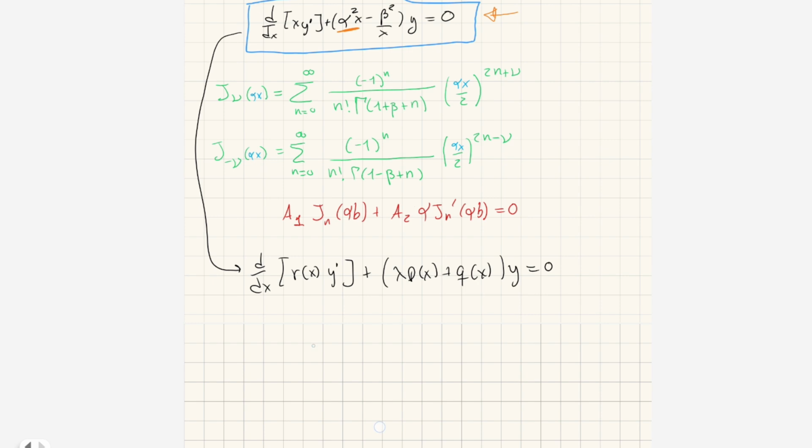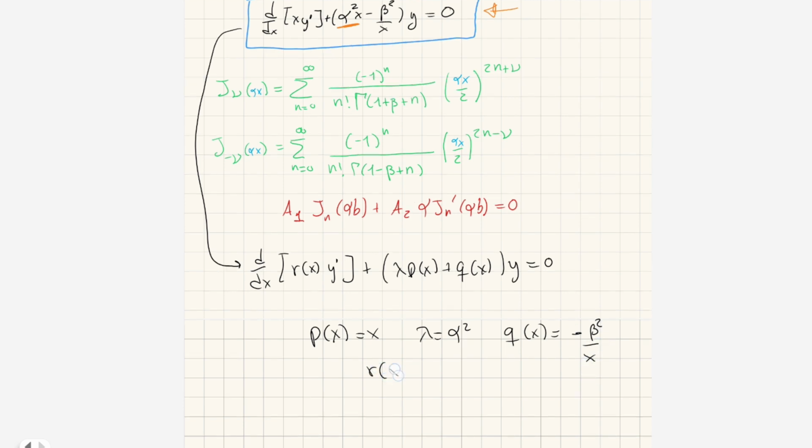Here we can identify p of x as x, lambda as alpha squared, q of x equals minus beta squared divided by x, and r of x equals x. The thing here is that we showed that for this Sturm-Liouville problem, the solutions y for this differential equation are orthogonal with respect to p of x.